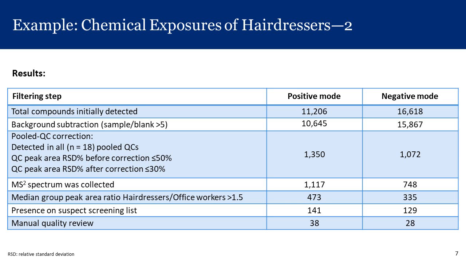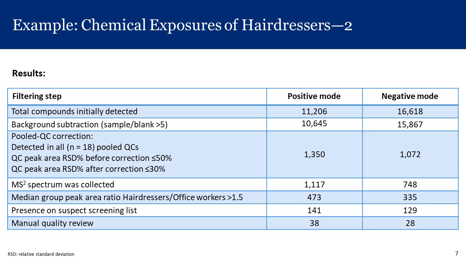Then, because we were interested primarily in exposures in hairdressers, we used a peak area ratio, comparing the peak area in the samples from the hairdressers to those of the office workers, which we used as a control group. You can see this further reduced the number to around 470 in positive mode and 330 in negative mode.